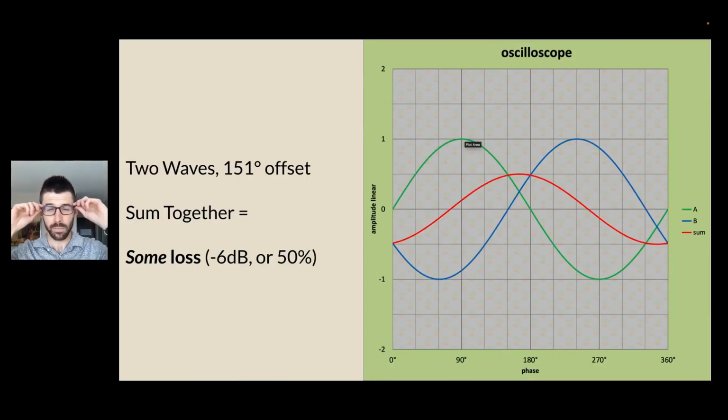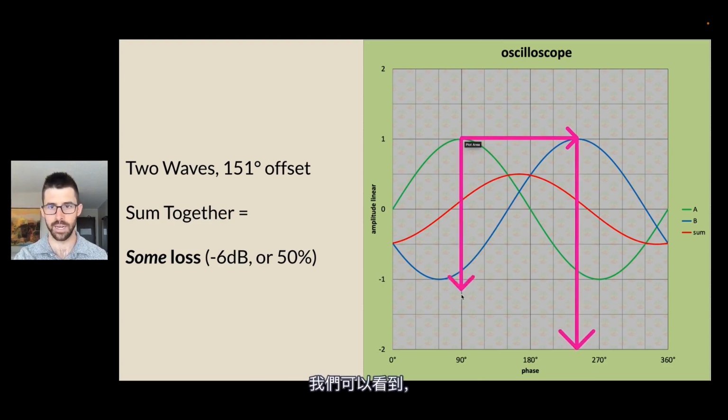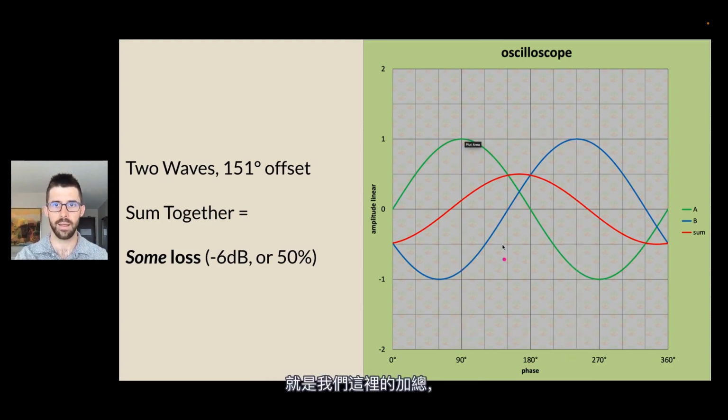One more. What about two waves that are 151 degrees offset? They sum together to get some loss. If we look at the difference here, wave 1 peaks right here at 90 degrees, so we draw this line, and it now is here. We see 90 degrees to 151 degrees offset. That is our addition right here, or actually subtraction.